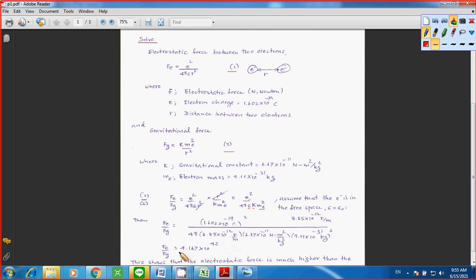So the ratio of the electrostatic force to the gravitational force is about 4.167 times 10 to the 42. That's extremely high. This means the gravitational force is much less than the electrostatic force. Okay, so that's how we start with electrostatic force and gravitational force.